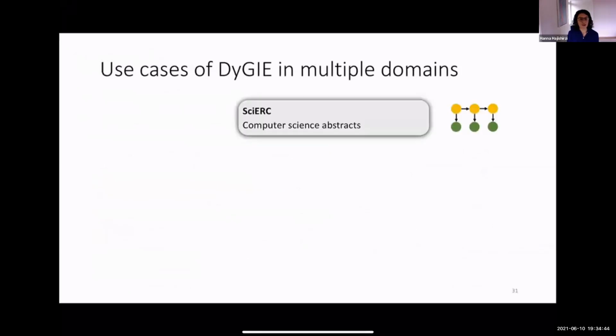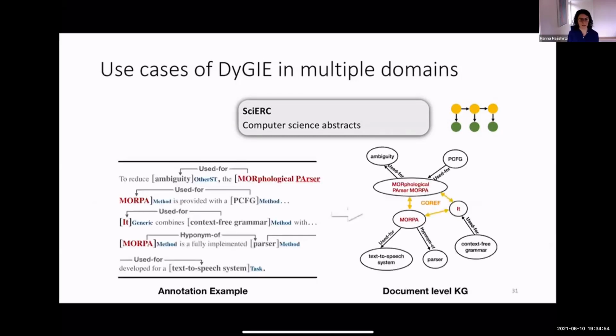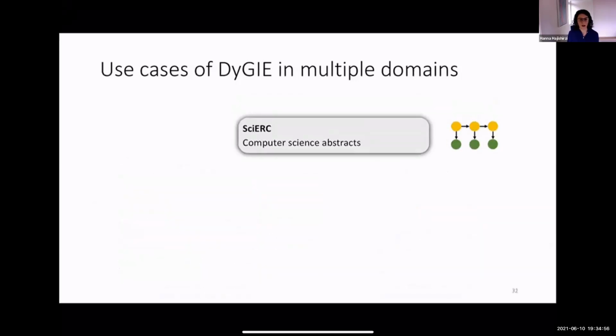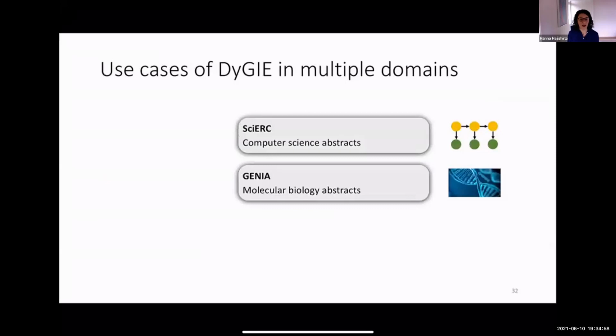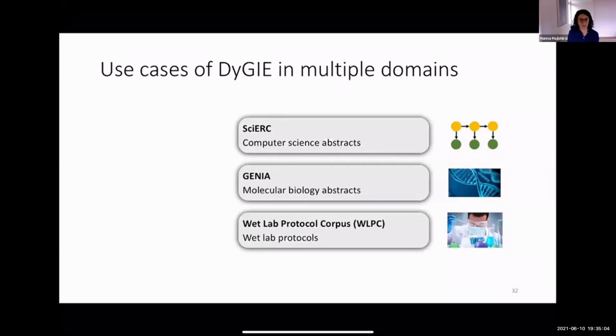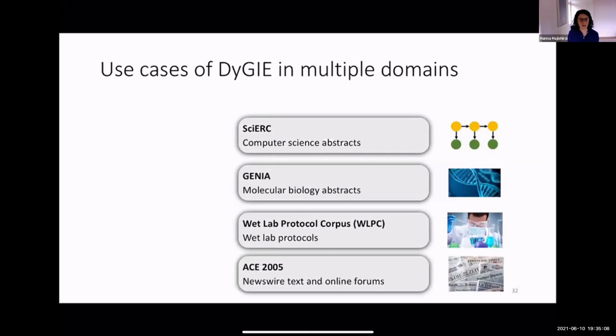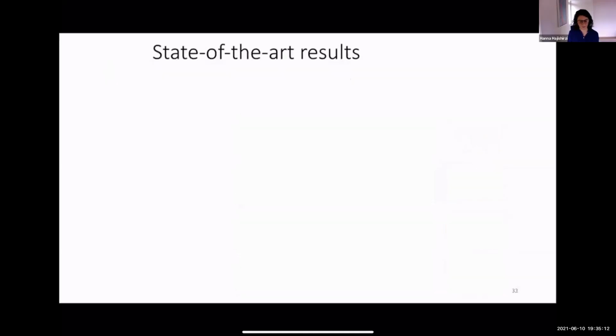We are interested in showcasing the use of DIG in multiple domains: in particular SciERC, which is the computer science abstracts that we just talked about; GENIA, a dataset that already existed in molecular biology abstracts, with wet lab protocols also annotated by other groups; and general newswire and online forum texts, ACE 2005.